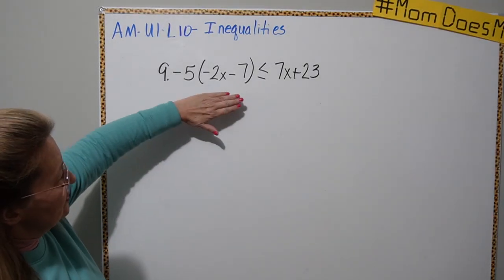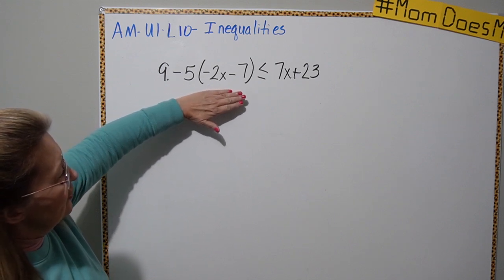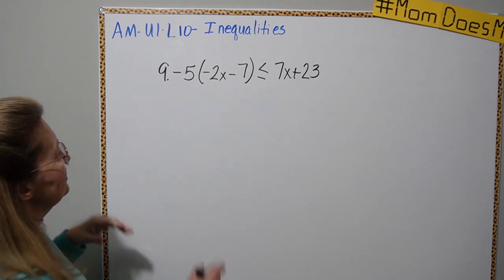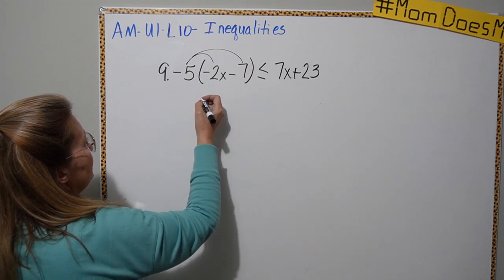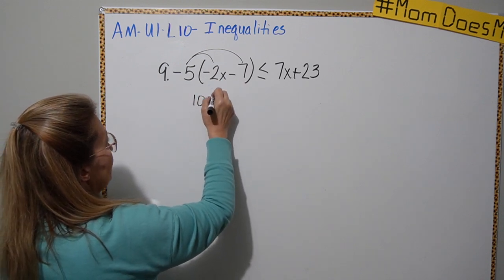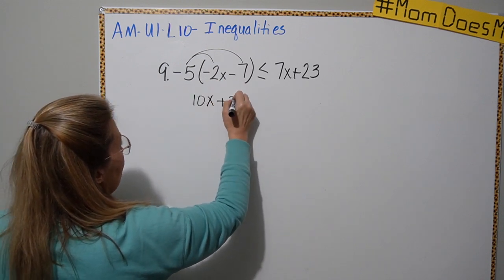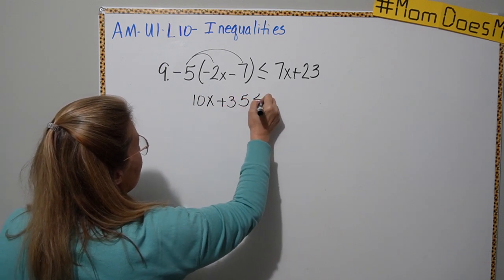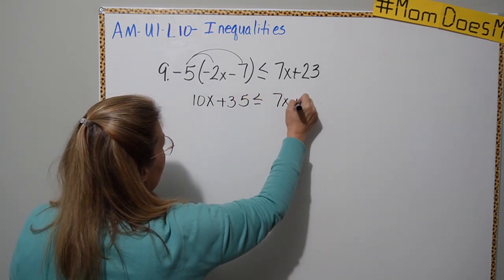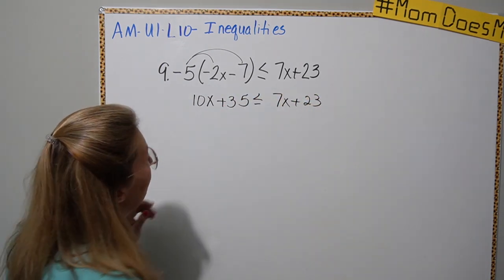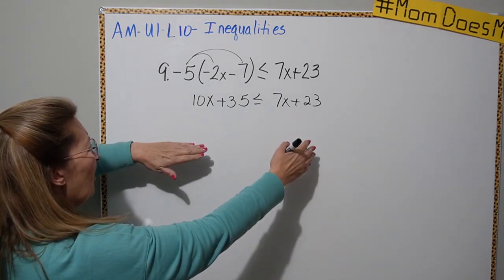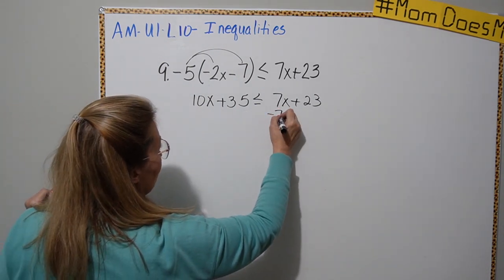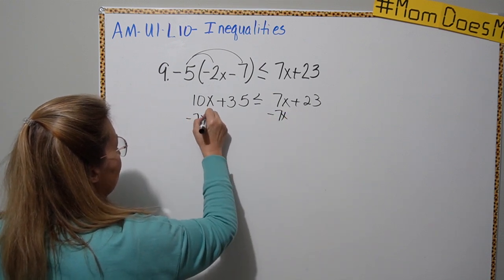Okay, here's number 9. So when we get ready to solve, first let's look over here on the left-hand side. Let's get rid of the parentheses. We're going to distribute that -5 in. So -5 times -2 is +10x plus 35 is less than or equal to 7x plus 23. Okay, so our next step is to get rid of one of your variable terms. They're both positive, so I'm going to subtract the smaller one from each side.